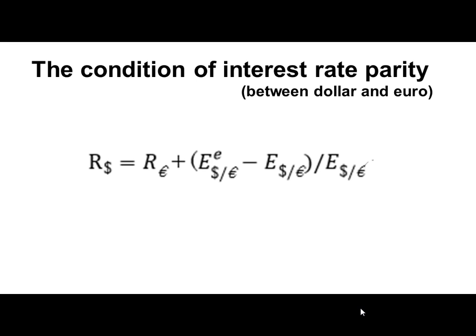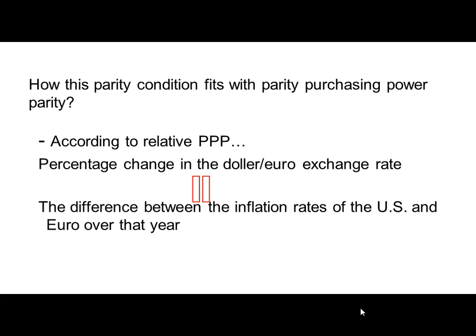We can find this by combining PPP with the interest parity condition. How does this parity condition fit with purchasing power parity?